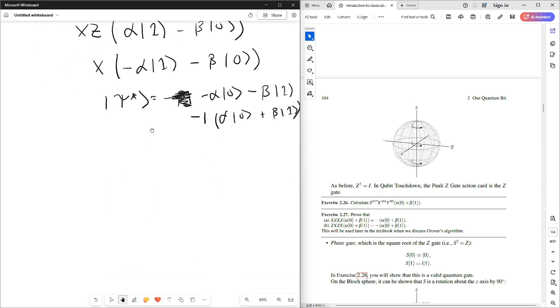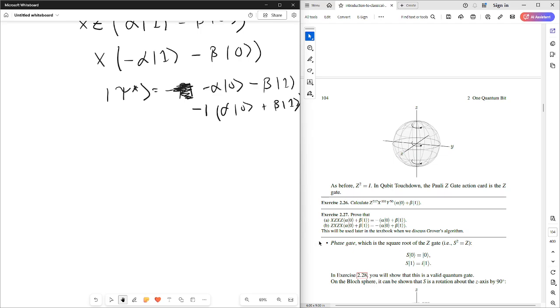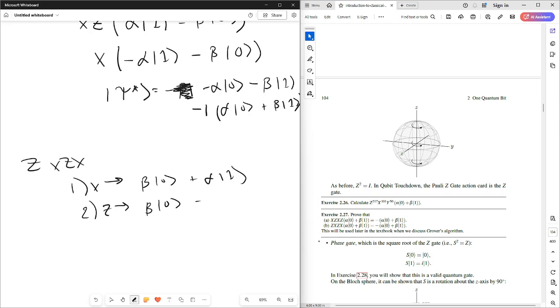Similarly, we'll just smash through this real quick. This example with Z, X, Z, X. I'll just write it like this. So applying that X gate winds up with beta and alpha. Then applying the Z gate winds up with beta 0 minus alpha 1.